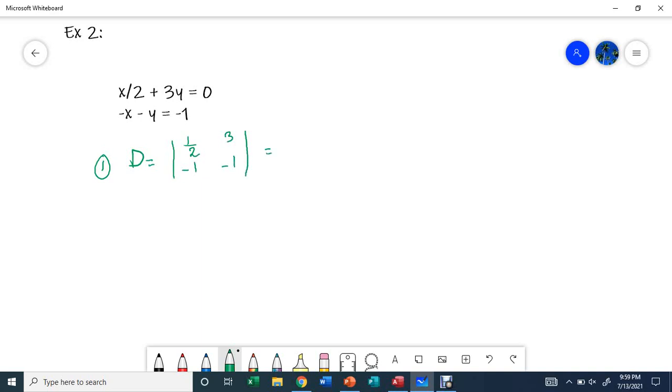So the determinant is going to be 1/2 times negative 1 minus 1 times 3. That will be negative 1/2, and minus 1 times 3 is minus 3. Finding a common denominator, which is 2, it's going to be negative 1 minus 6, so that's negative 7/2.